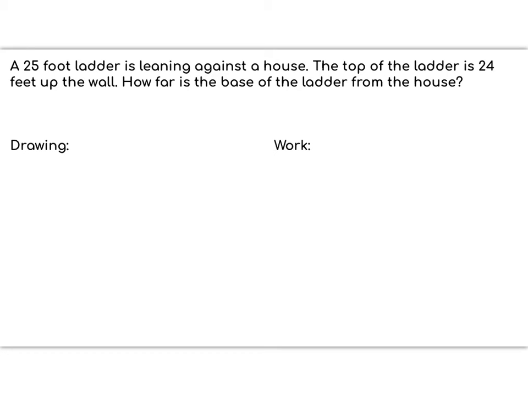So let's say, and I am not an artist, okay? Here's my house, and I have a ladder leaning against a house. What is that going to look like? Well, a ladder leaning against a house is going to look something like that, right? And they tell me that this ladder is 25 feet long. So the ladder is leaning against the house.